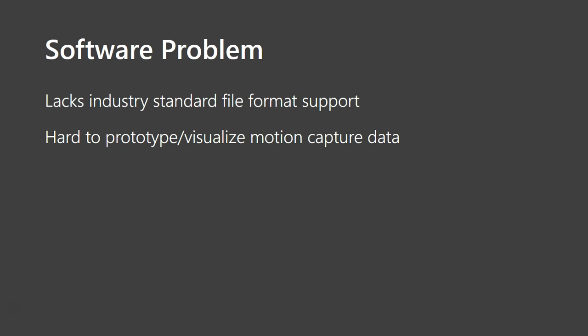And also another problem is that many machine learning frameworks are more generic. They're not geared towards animation and animation data, so they lack support for industry standard formats like FBX or BVH. So there's these two kinds of problems with the data itself, and also with the frameworks we could use to transform or manipulate this data.